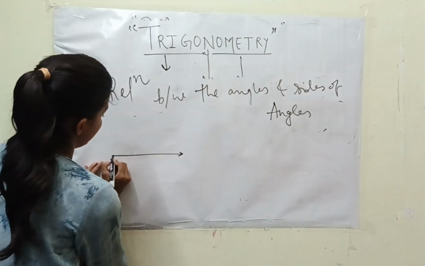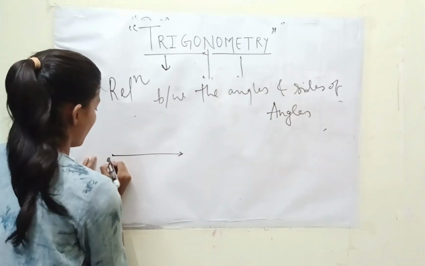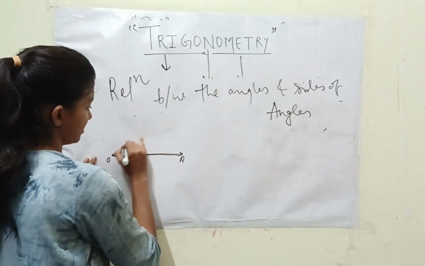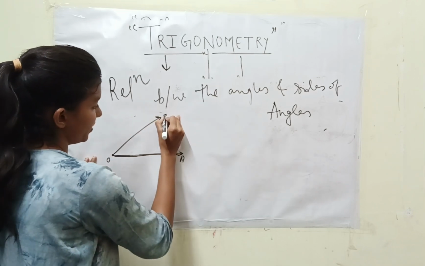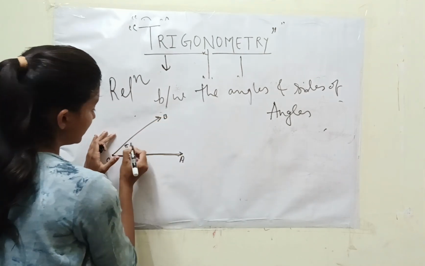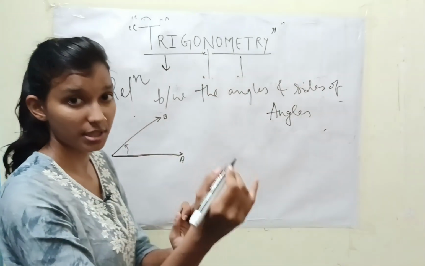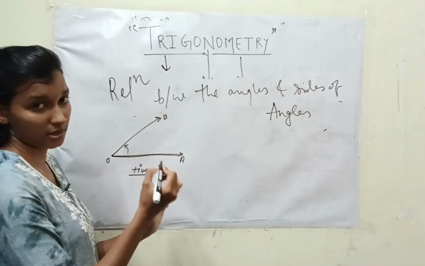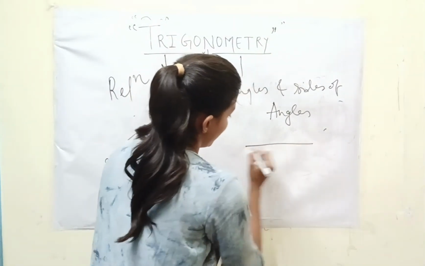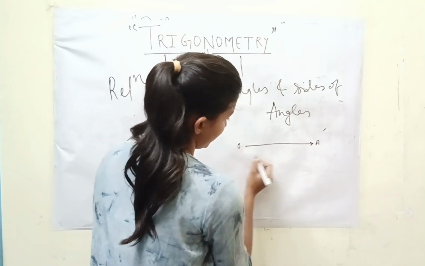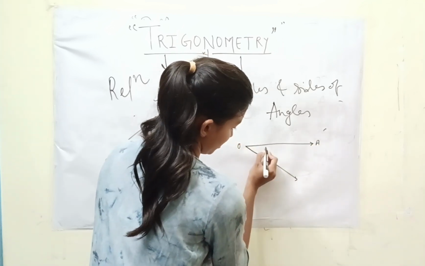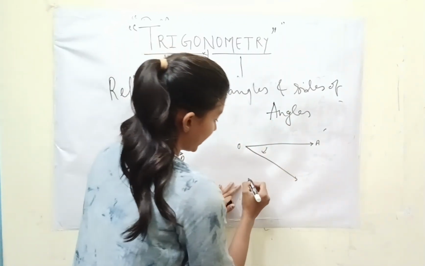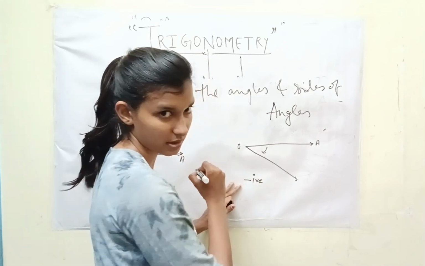This is our initial ray or initial line, we can say OA. If it rotates anti-clockwise and turns to OB, then this angle is measured as positive. The measurement of this angle is written as positive, and if this initial ray rotates in clockwise direction like this, if we measure an angle in clockwise direction, then the angle will be written as negative.